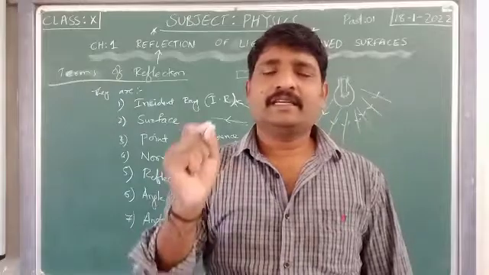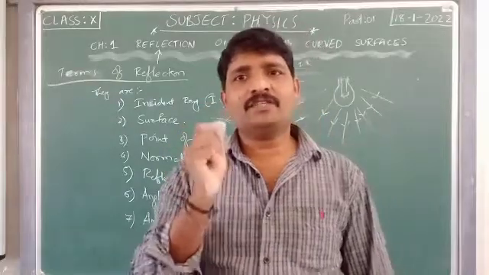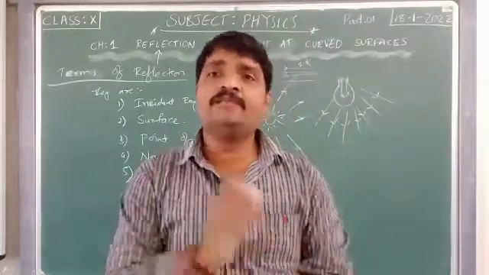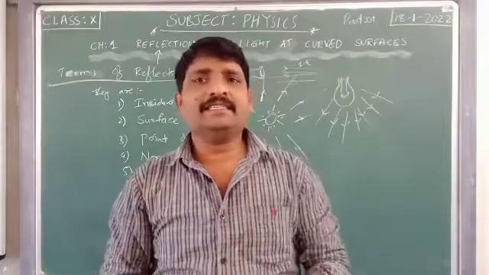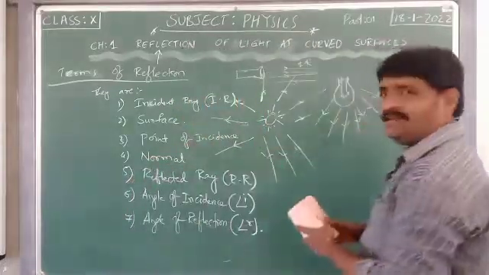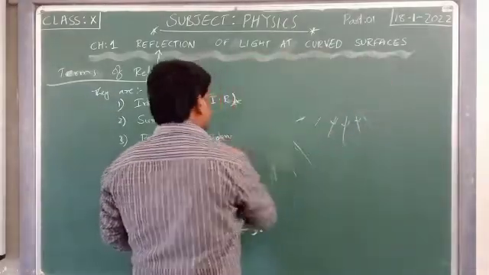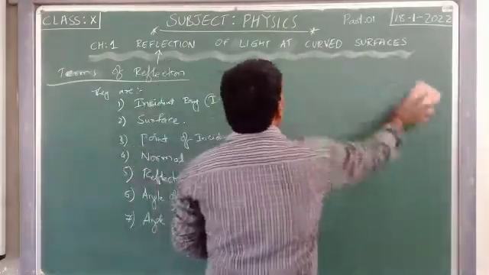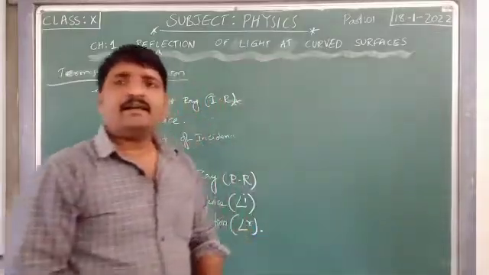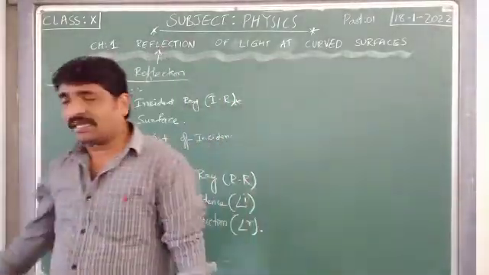In short, the light rays which are emitted from the source of light are considered as incident rays. Fine, I hope you understood this. In short, we use the terminology IR to represent the incident rays.